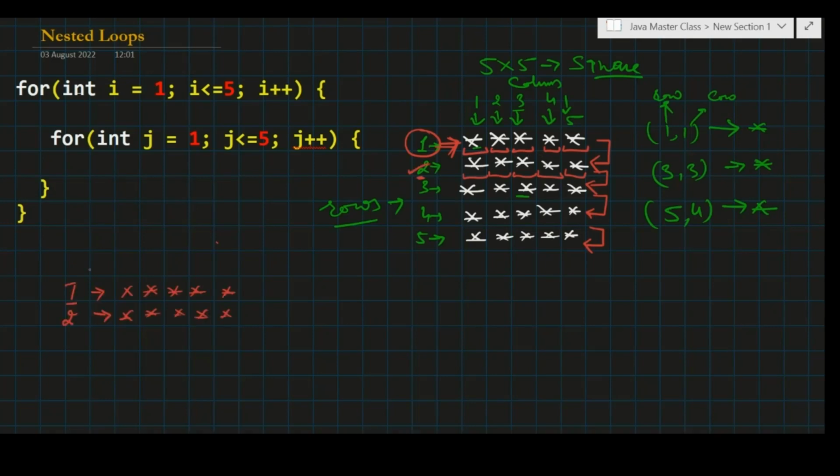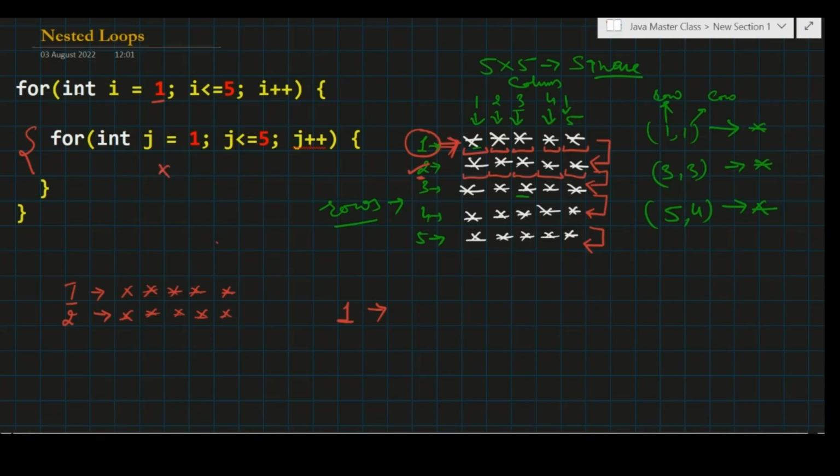And we have understood from our inner loops that the complete iteration cycle of this inner loop is a single iteration for its outer loop. So that means if our value of i is 1, then what we have to do? We have to completely iterate our inner loop.